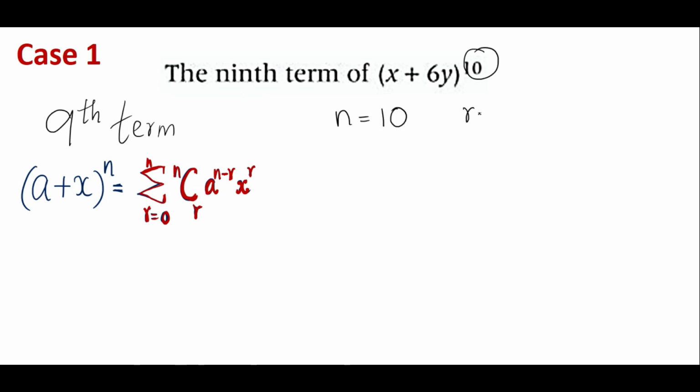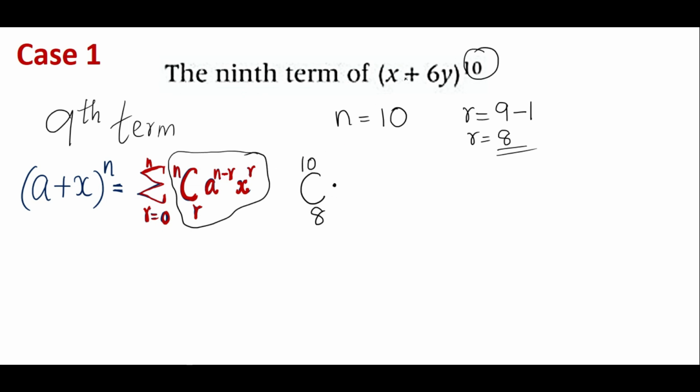Here r is going to be the position minus 1. We are looking for the ninth term, so 9 minus 1, so r is going to be 8. Since we are talking only about the ninth term, n takes the value 10. So 10C8 multiplied by a.